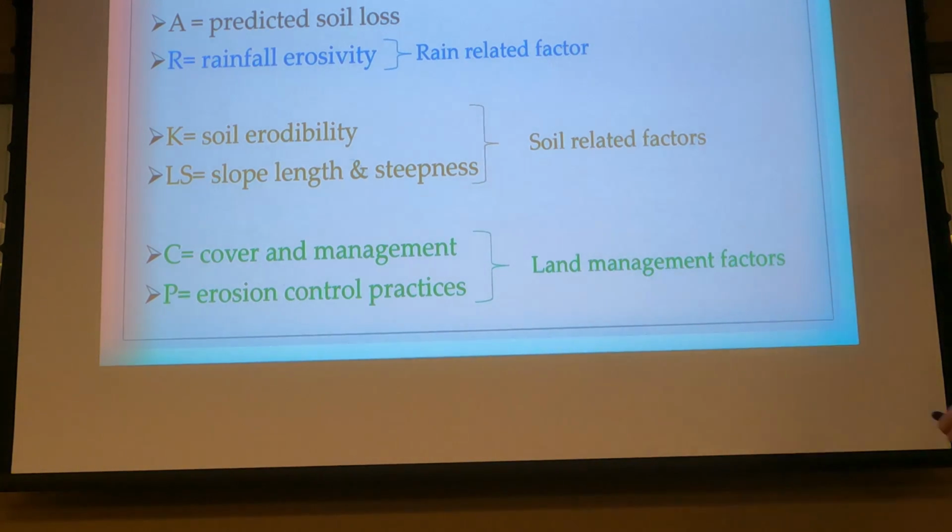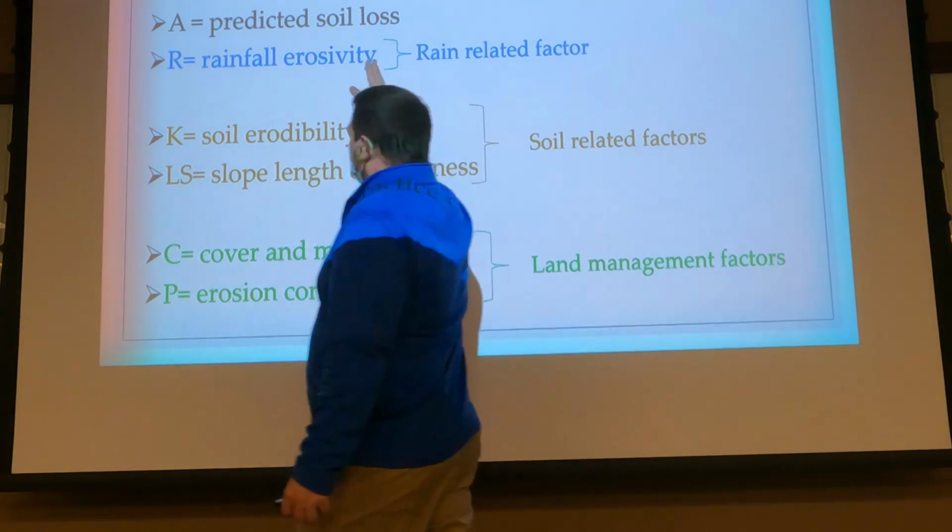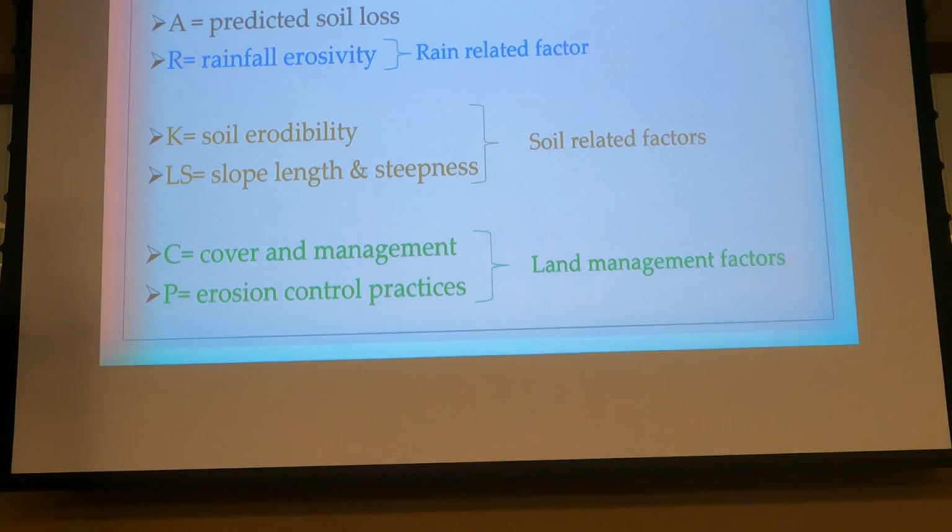All right. So the components of the universal soil loss equation: A is going to be the value that we are solving for, and we will compare that against our t-value. Next will be our rainfall erosivity.